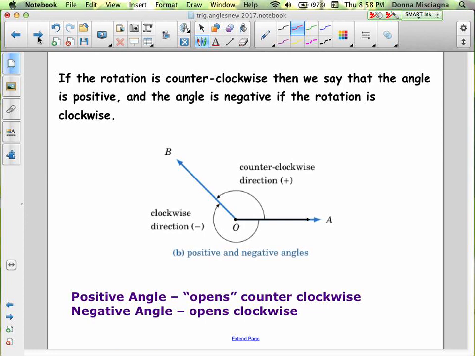So if we're moving clockwise, just like the clock, that's going to be a negative angle. And if we open counterclockwise, that's going to be a positive angle. It has to do with the way that the quadrants are labeled on the coordinate plane. So positive angle opens counterclockwise, negative angle opens clockwise.